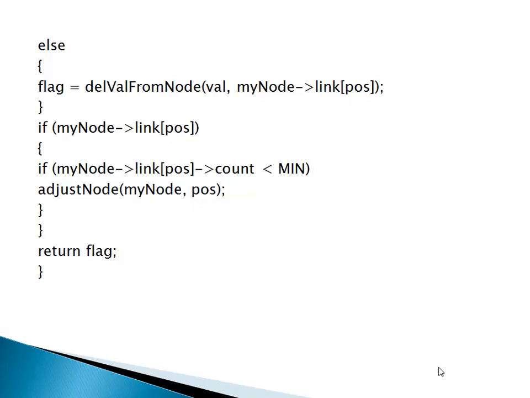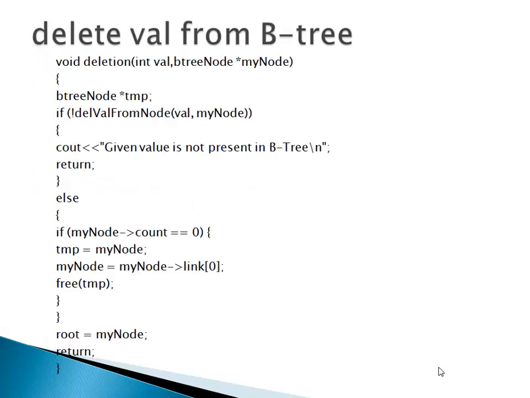Else flag equal to delete value from node, and after deleting the value, we have to check for the adjustments in the node using adjust node and return flag.